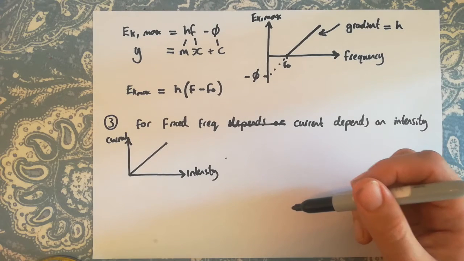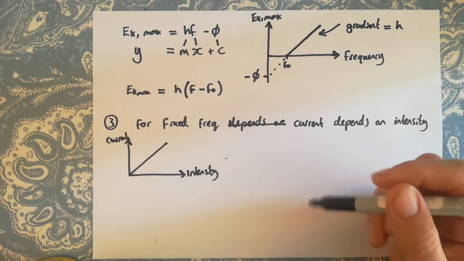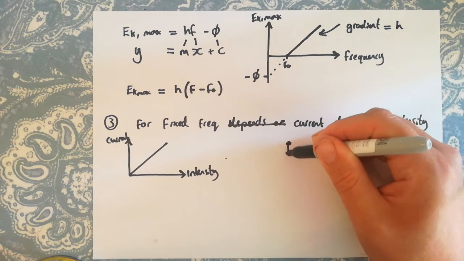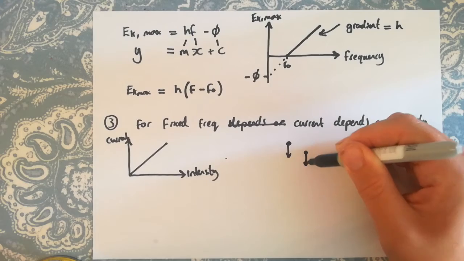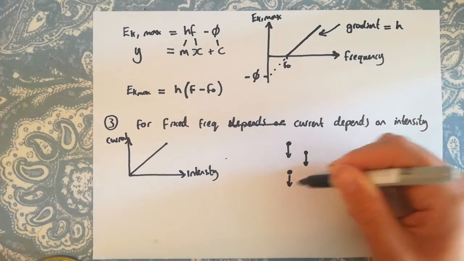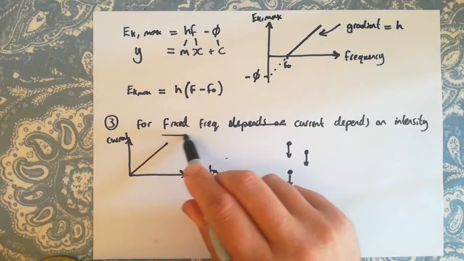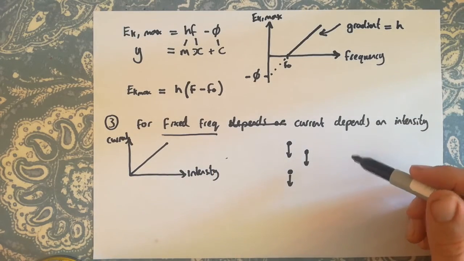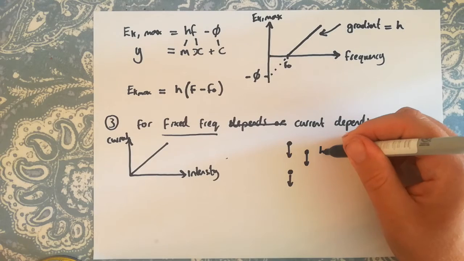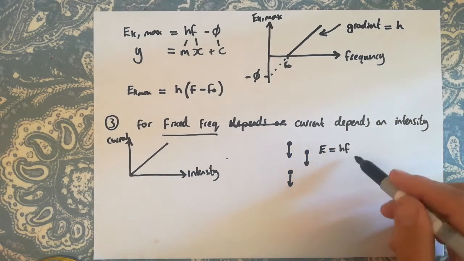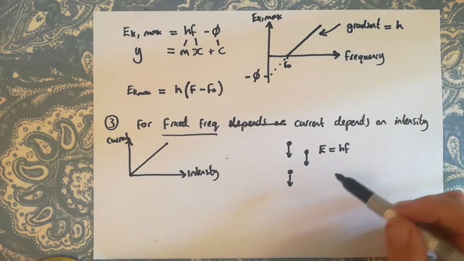The photon model, however, does, because if we think about our photons falling on our surface, remember we're talking about a fixed color of light here, and so the energy of those photons is also fixed.